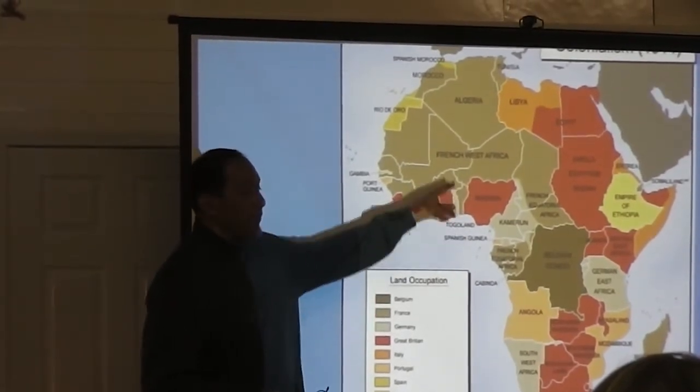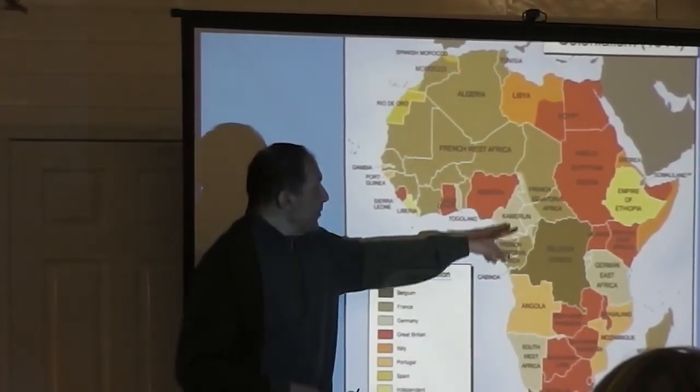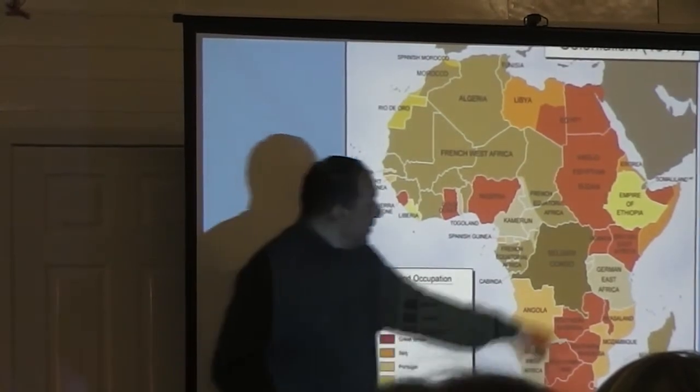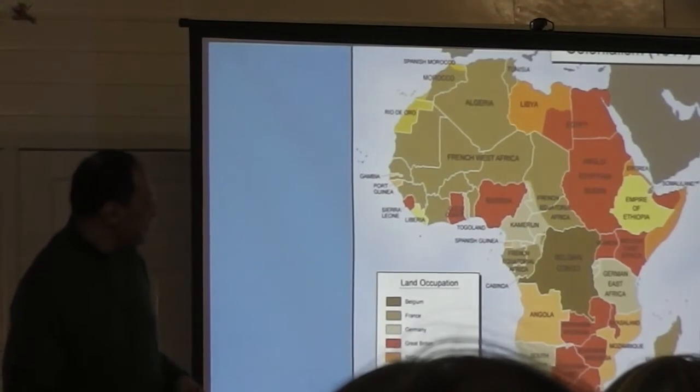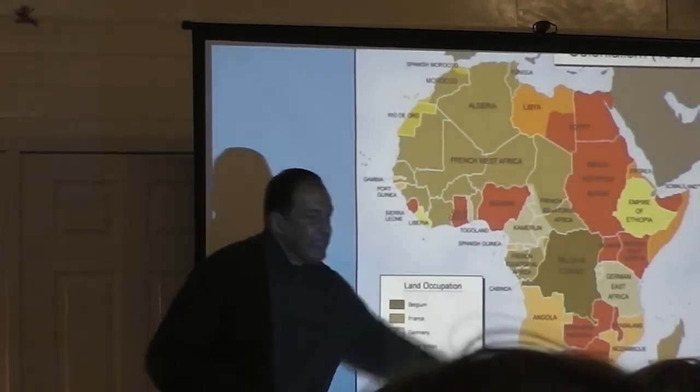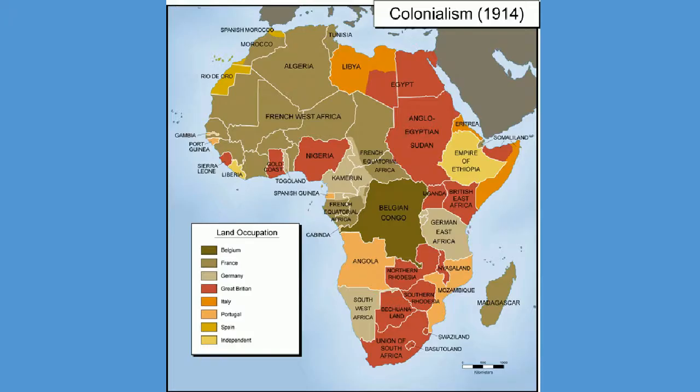Togo was divided between Britain and France. Cameroon was divided between Britain and France. German East Africa became the British colony of Tanganyika. Southwest Africa was annexed to South Africa. In other words, the victors of the war redivided Africa according to their interests.